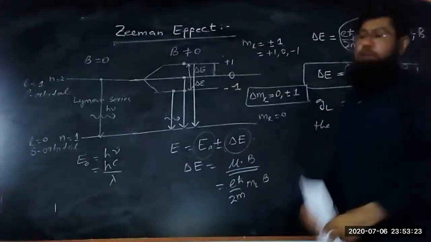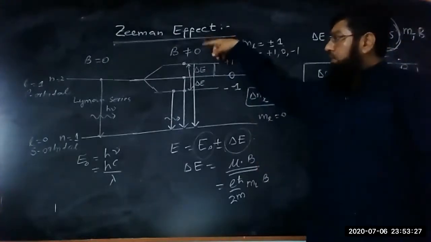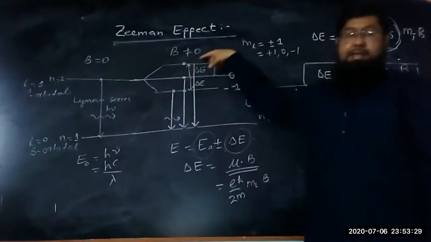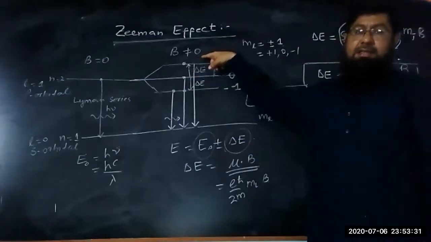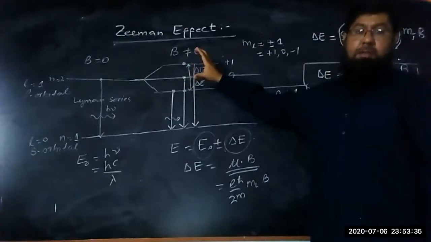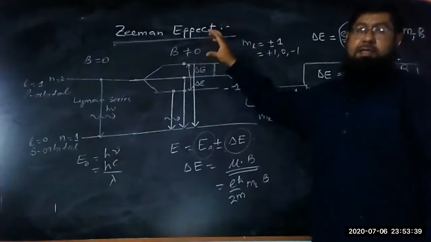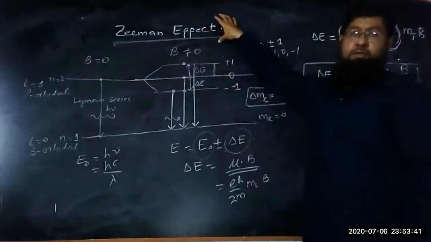So the Zeeman effect states that when the atom is placed in a magnetic field, as a resultant, the energy level is split out into multiple levels, and the phenomenon is known as the Zeeman effect.